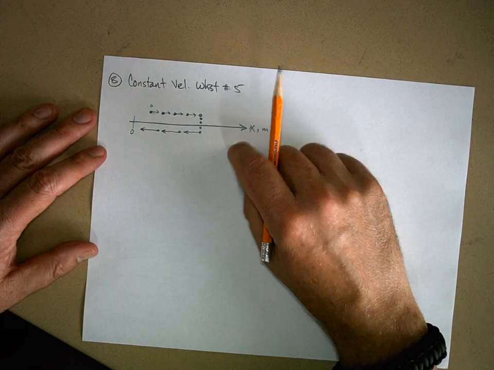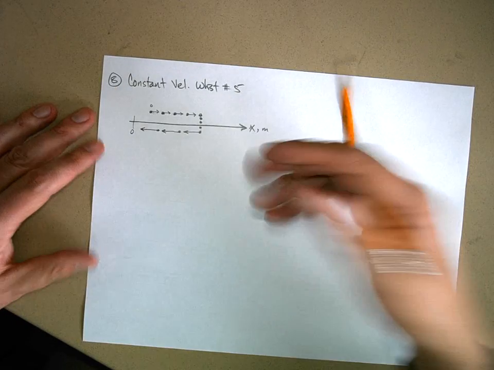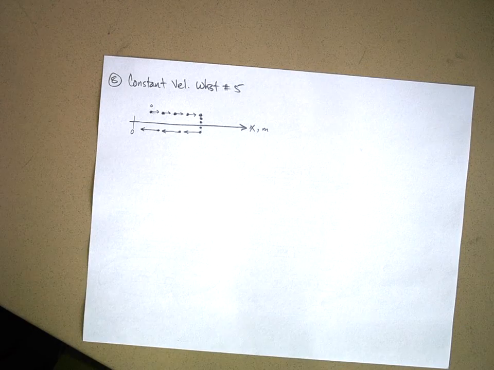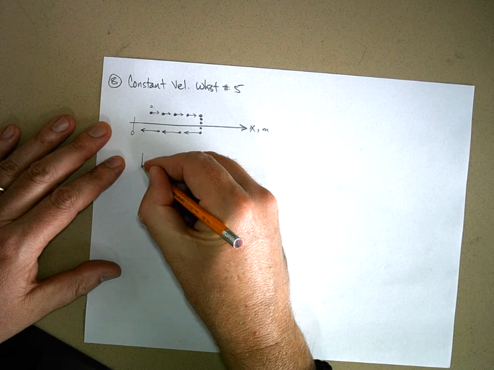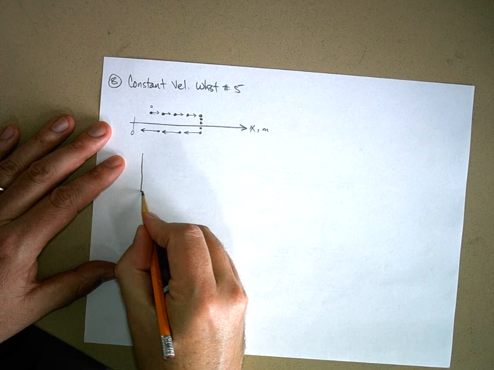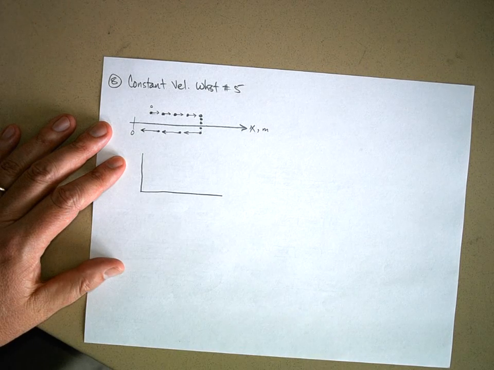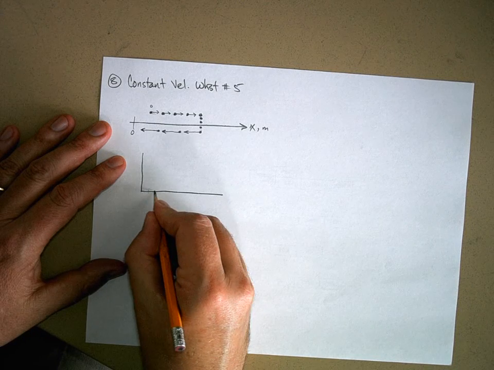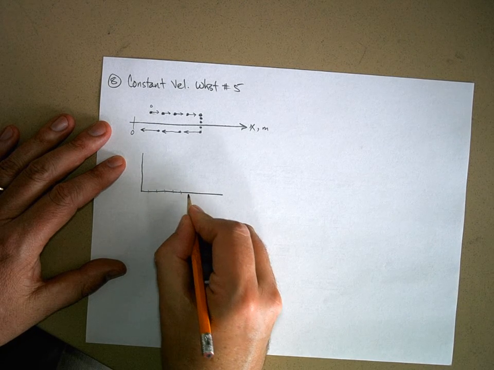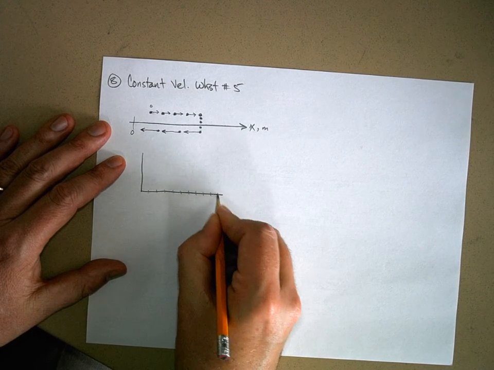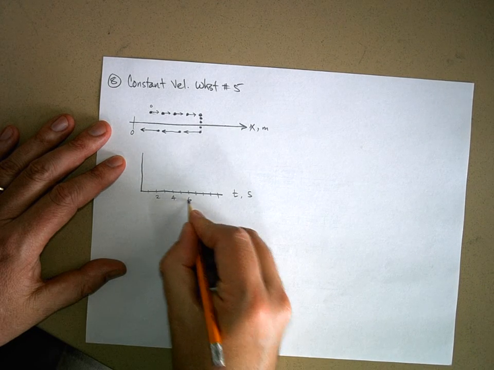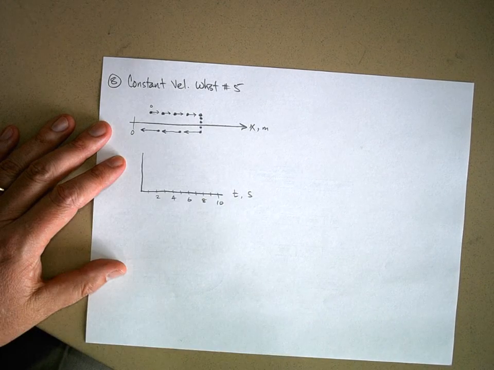Now, if I took this motion diagram and wanted to graph the position as a function of time, I can do that. Now, how much time? Well, 10 seconds. So 1, 2, 3, 4, 5, 6, 7, 8, 9, 10. 2, 4, 6, 8, 10.